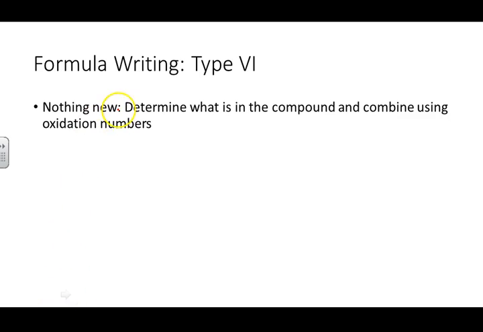Then we have formula writing. There's nothing new here, still combining using oxidation numbers. Some examples. We have arsenic acid, so we've got the name. Since there's no hydro, we know that this is a ternary acid or an oxyacid. This is going to be hydrogen. That comes from the word acid. We know hydrogen is going to be there with a +1 charge. Arsenic has to have come from arsenate. So we're reversing.